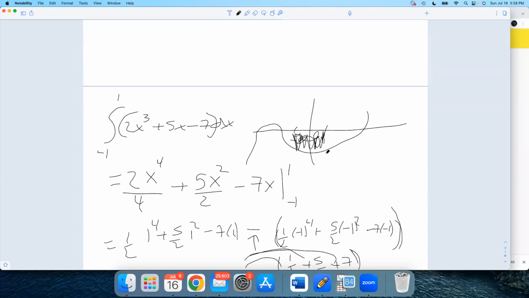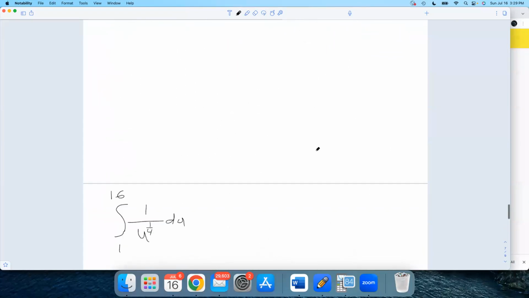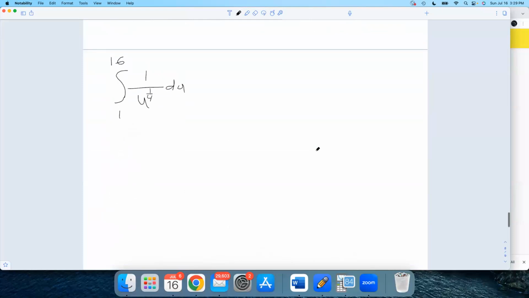Maybe there's some that was positive and some negative, but the area between this curve and the x-axis from -1 to 1 has a net area of -14, meaning there's 14 units of area below the axis more than whatever there was above. Okay, let's do another one.